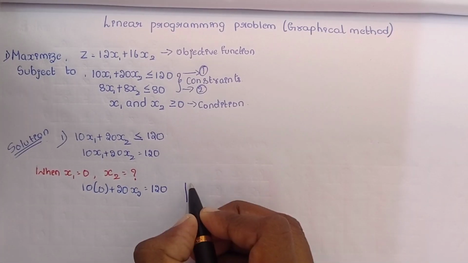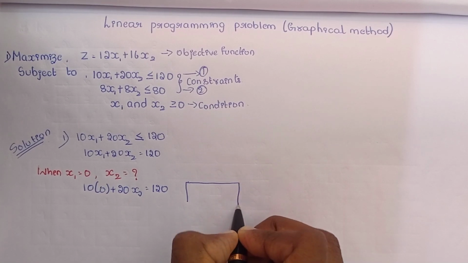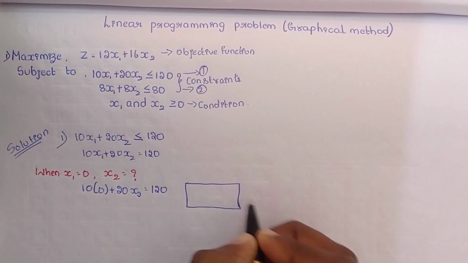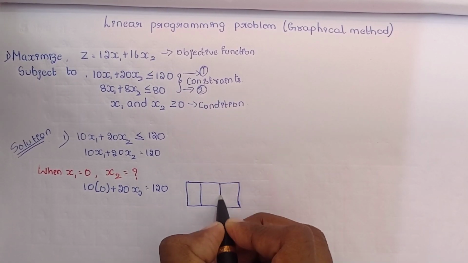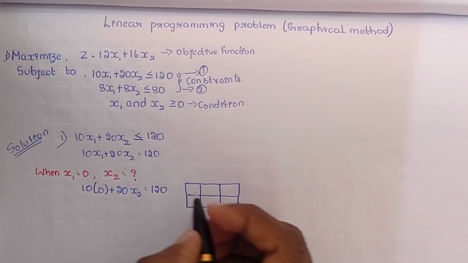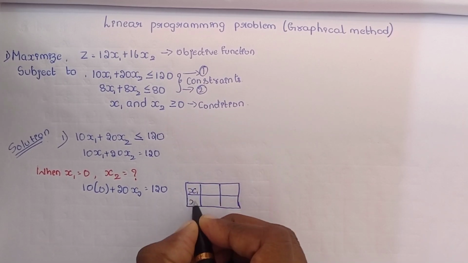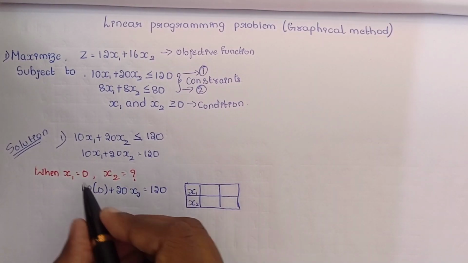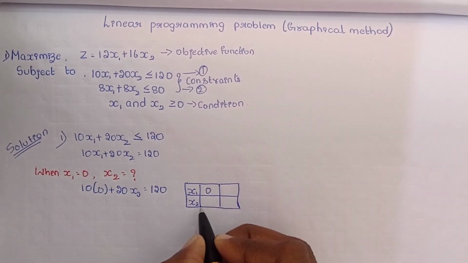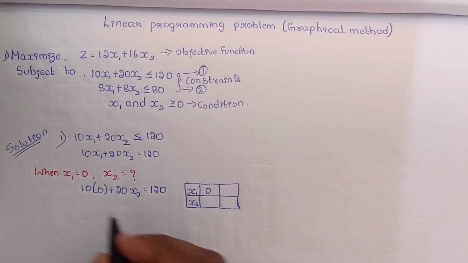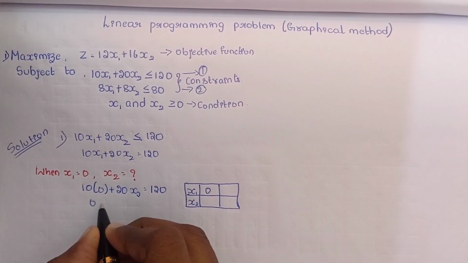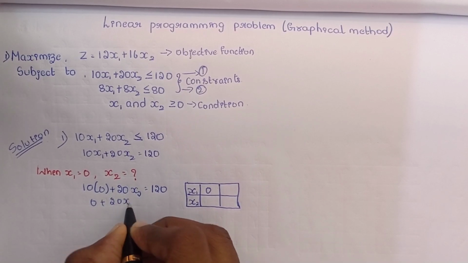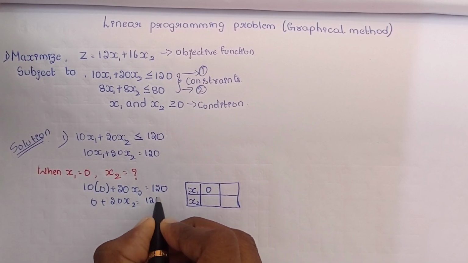Okay, let me draw a box here. x1 and x2. Now I have taken this x1 as 0. So now I have to identify the x2 value. So 10 times 0 is 0 plus 20x2 is equal to 120.